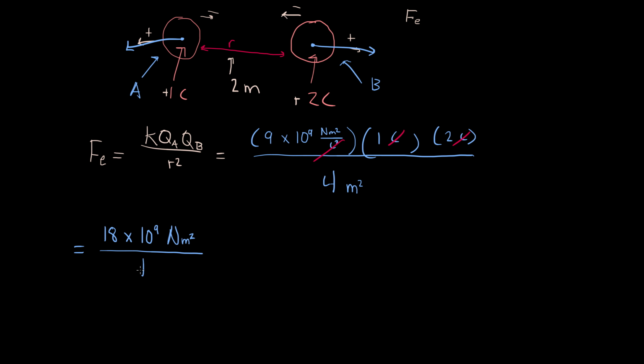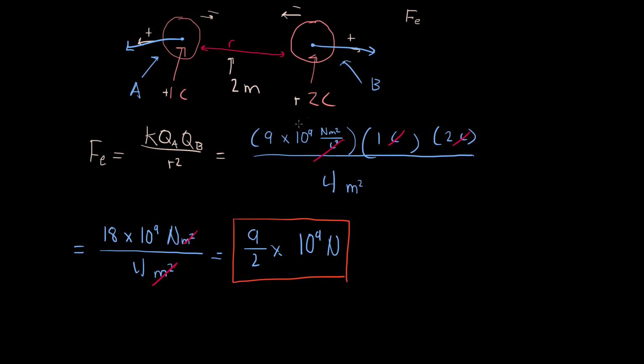And this is going to be over 4 meters squared. And then we can simplify this a bit further. We'll see 18 over 4 can be simplified to 9 over 2. 9 over 2 times 10 to the 9th newtons. Meters squared will cancel out. And so then this here is the force between these 2 charged particles.